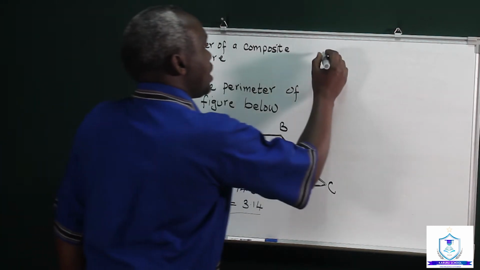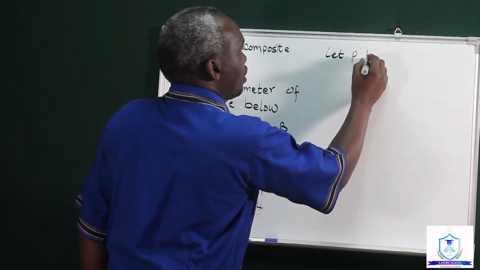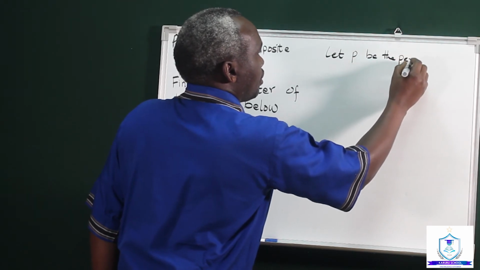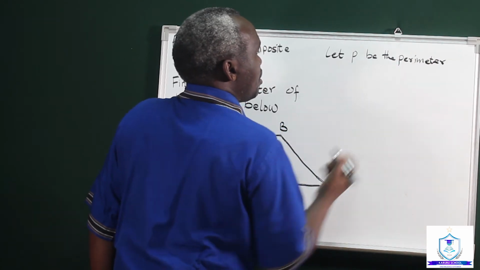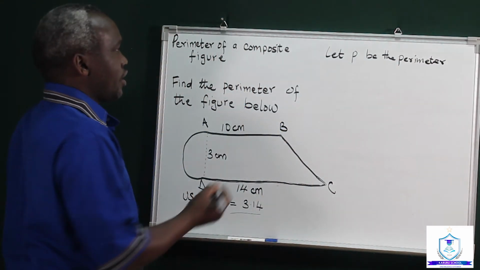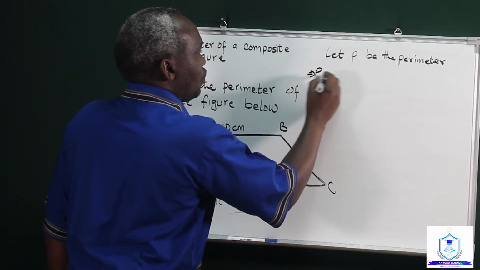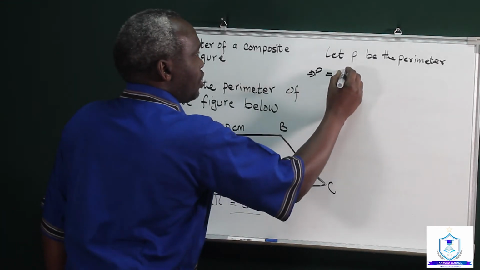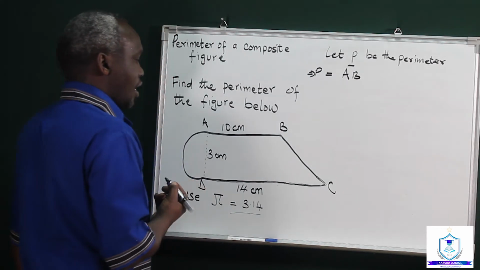So in our case here, we let P be the perimeter of the shape that we want to calculate, and P here will be equivalent to the distance between A and B, which is on a straight line.